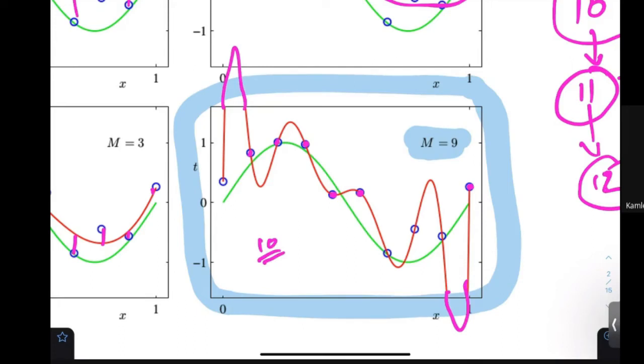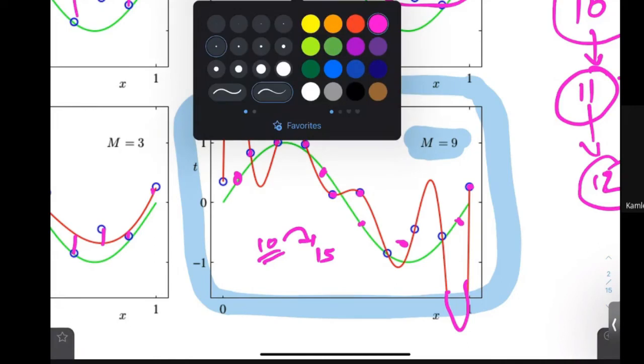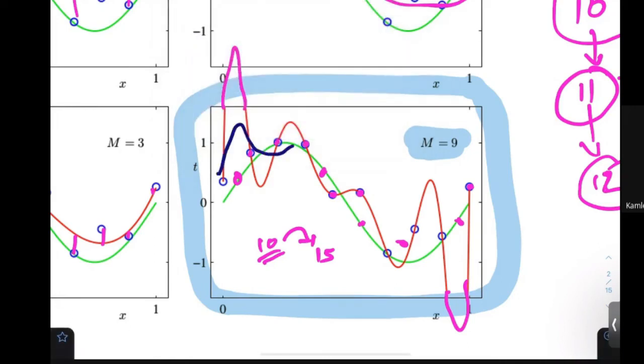I had 10 training examples. But if I change from 10 to 15, if I increase the number of examples, then a few more points would be here, and the curve has to pass through them also. Then the shape would be something like this. It would be more balanced.